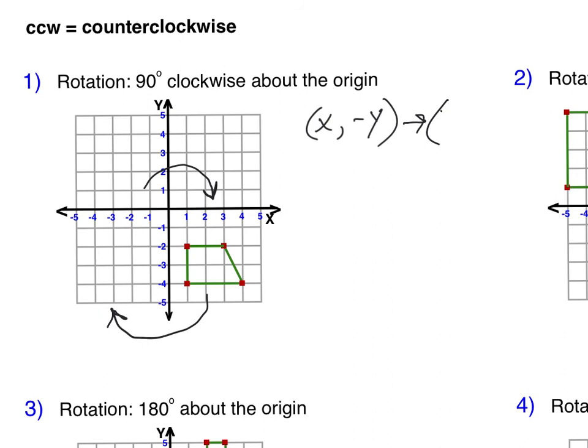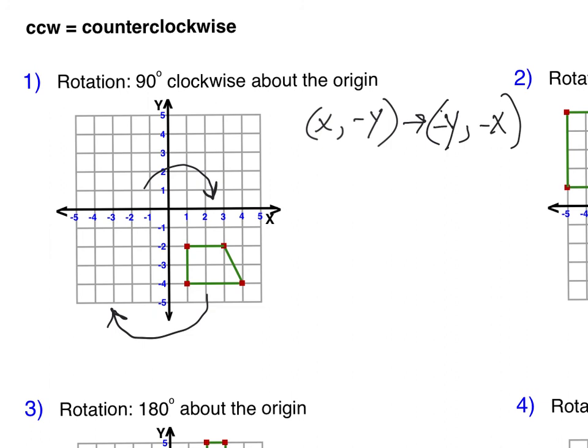So what's going to happen is we're going to switch the x and the y, and we're going to change the sign of the y value. We're switching the x and the y, and the y value itself is going to change.